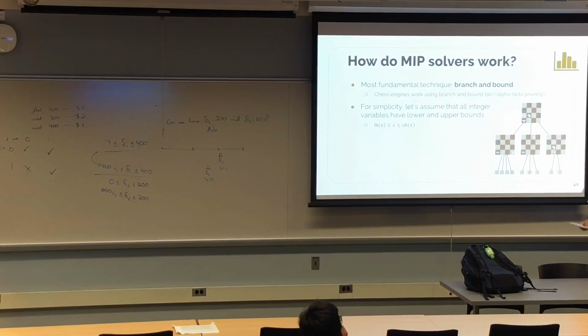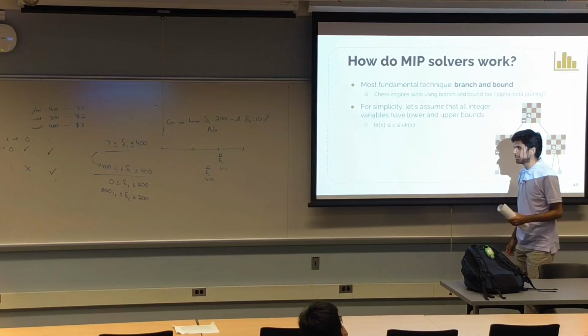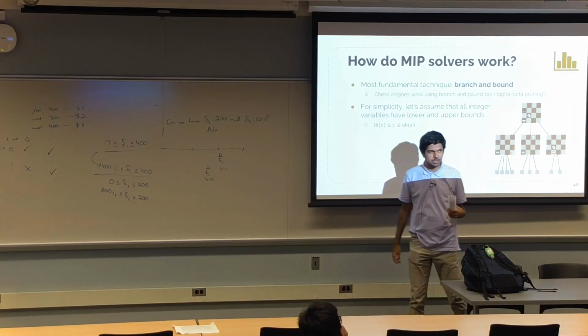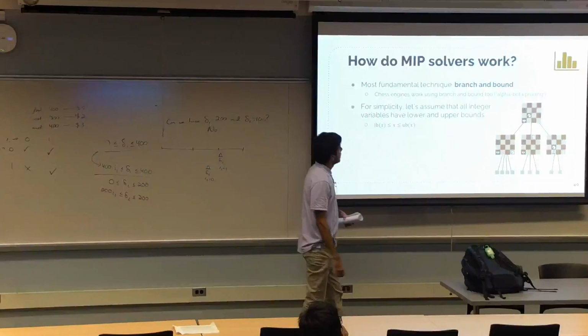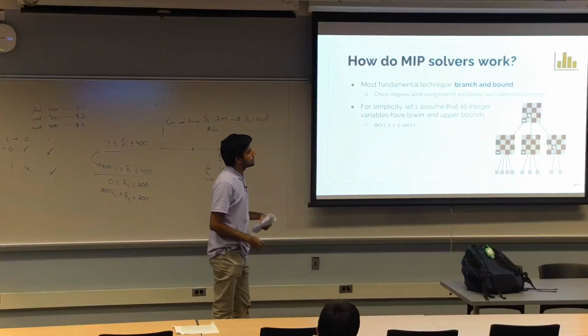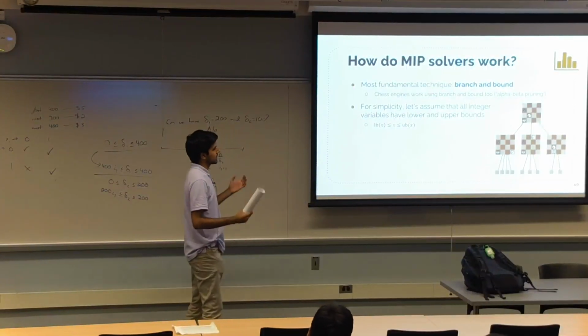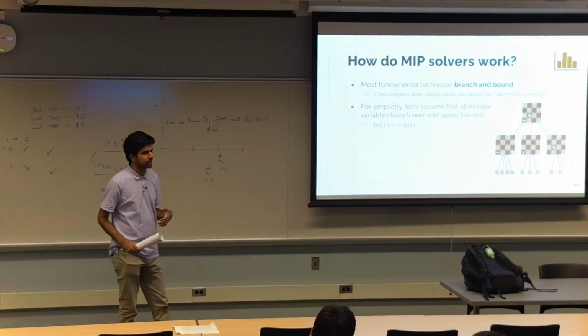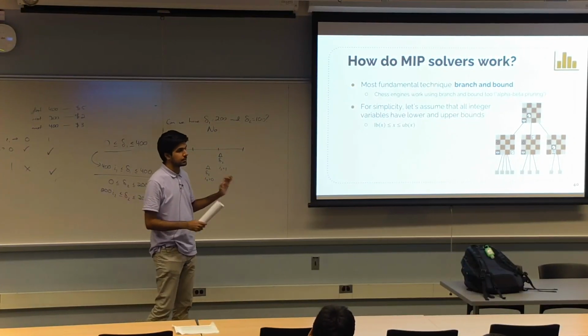These solvers use a technique called branch and bound. A lot of chess engines use a variation of branch and bound. Stockfish uses something called alpha beta pruning, which is pretty similar to this. This is more of a technique than a mixed integer programming specific algorithm.